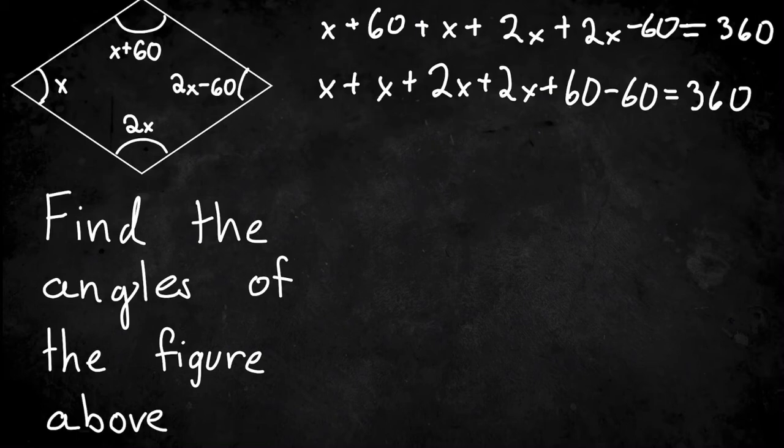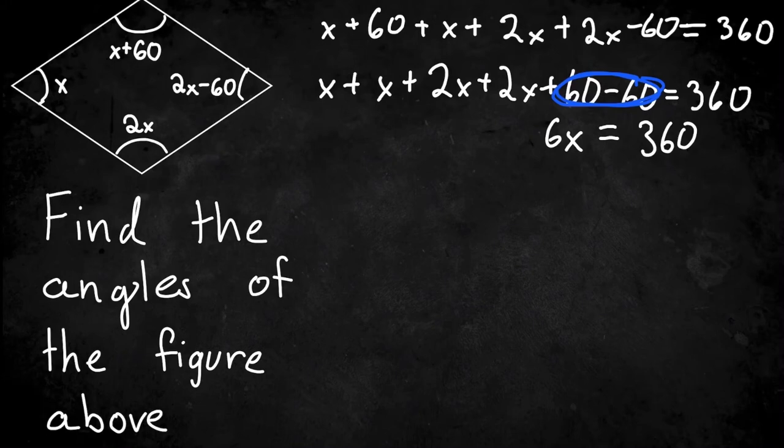That means we have 6x and 60 minus 60. If you add 60 and you subtract 60 from it, that equals 0. So we have 6x equals 360. Now we do inverse operation.